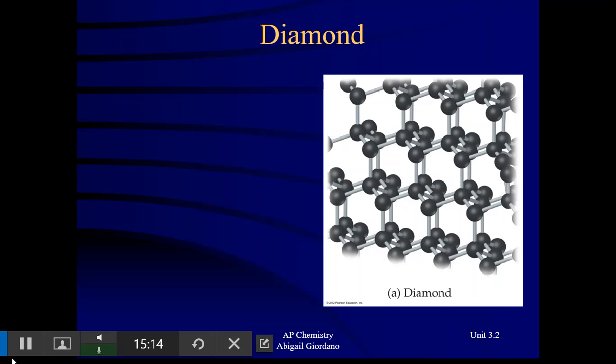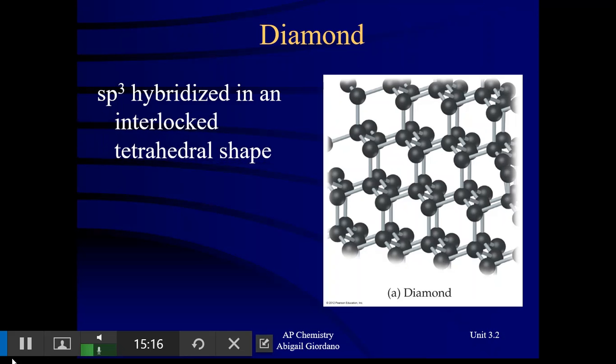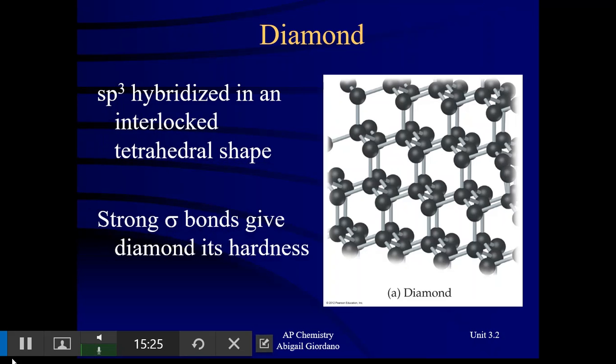This goes back to our last unit. They are tetrahedrally linked carbon atoms. They have sp3 hybridization. They are held together with sigma bonds. And all of this huge network of carbon atoms and bonds is incredibly strong, which is why diamonds are, again, the hardest natural substance on Earth.